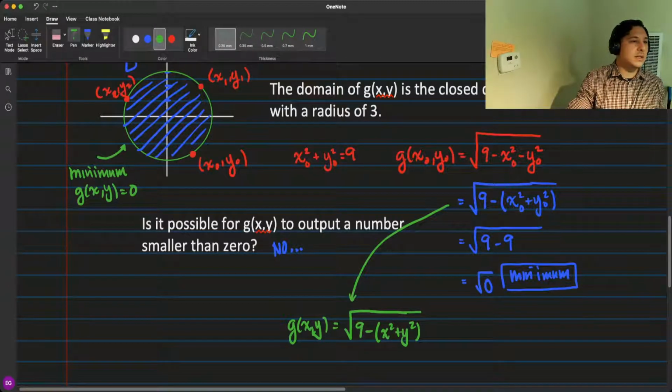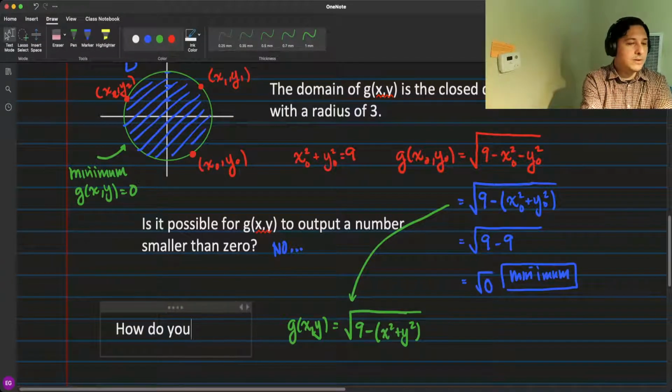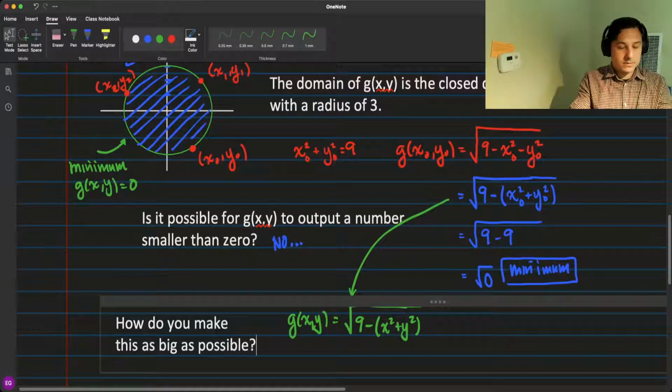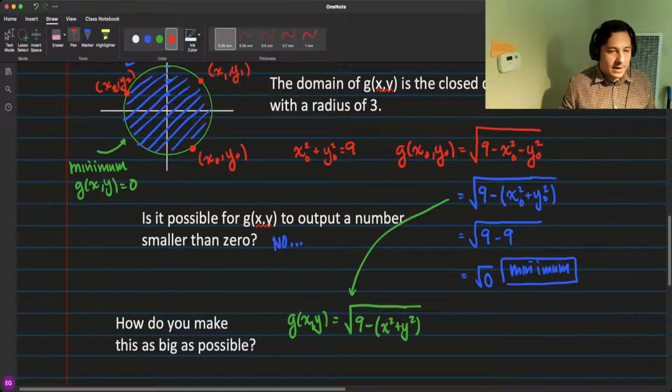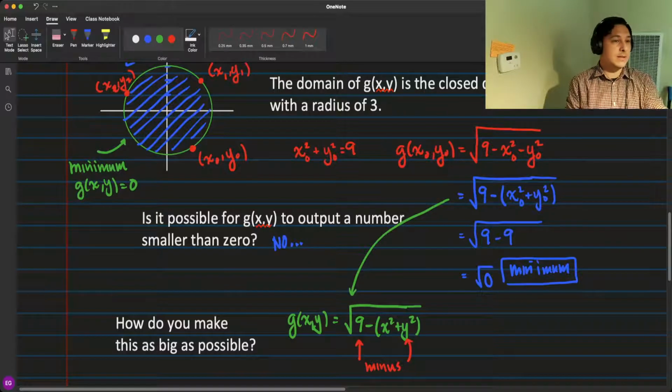So now the question is, how do you make this as big as possible? Okay, and you notice that there are two components. You have 9 minus whatever this is. So if you want to make this thing bigger, you should subtract something smaller. Does that sort of make sense?